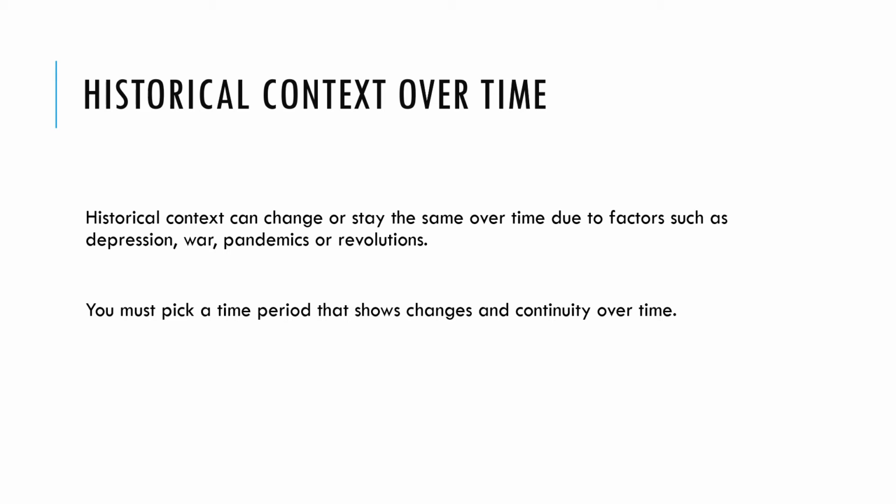And you'll be looking at things like wars, revolutions, epidemics, depressions, economic depressions, and things like that. So you have to look at significant events within your time frame and look at significant groups that influenced those events or who were involved in those events.